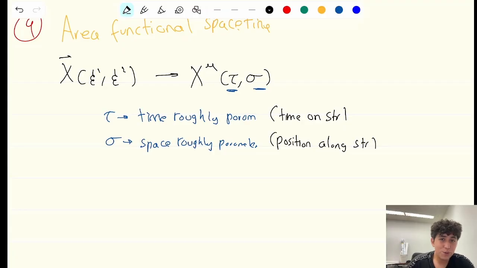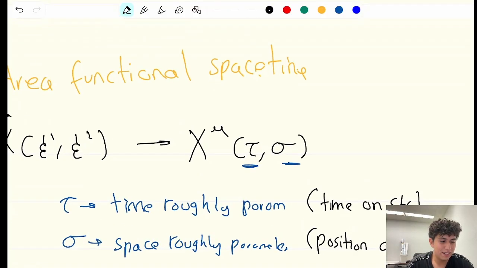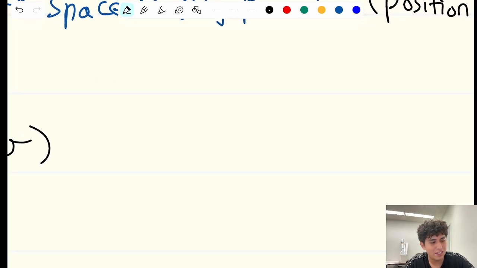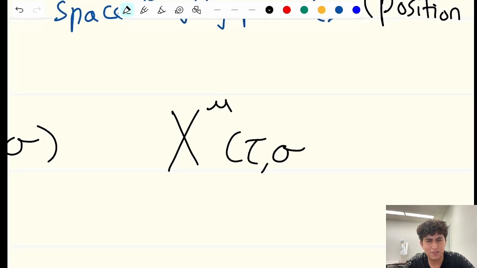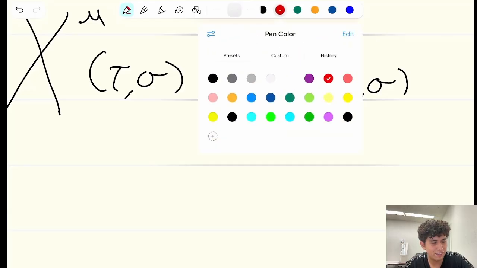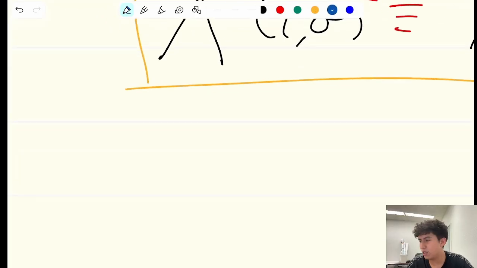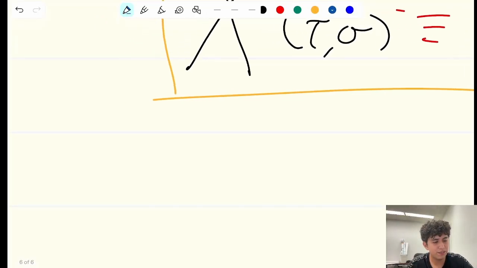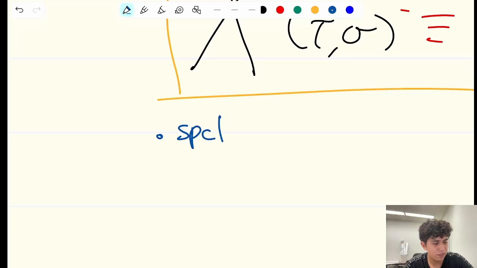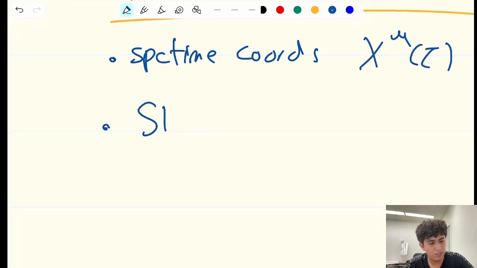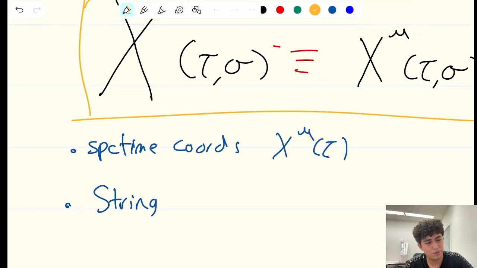Okay, so the notation we're going to use for string theory from now on, instead of using x mu, we're going to use big X mu of tau and sigma to represent this. From now on, we're going to write this. The reason is that we want to distinguish between space-time coordinates, which are usually written like this, and string coordinates, whenever we have two parameters.